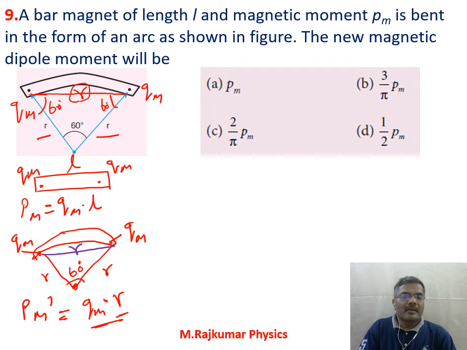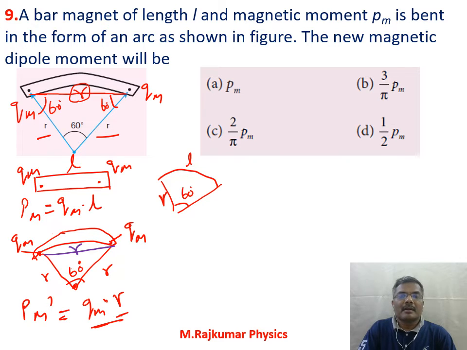So now I have to find out R. Assume this is a bent magnet, so the length of this arc is L, this angle is 60 degrees, and this one is R. If I find out R, then I can substitute here and find the value of the new magnetic moment of this bent bar magnet. So what is the relation between this angle, R and L?